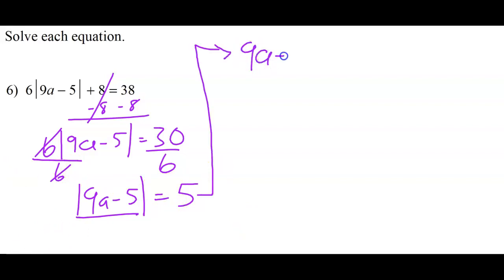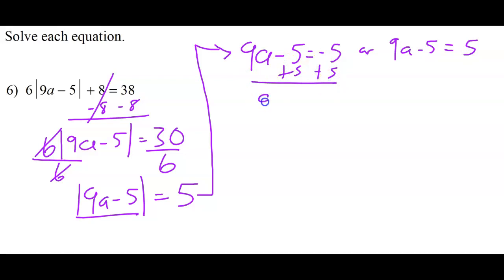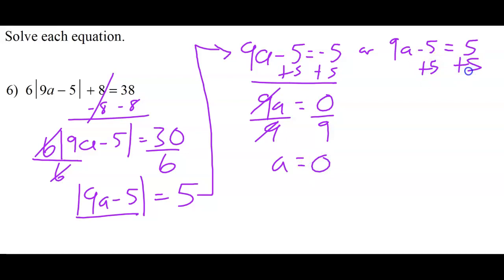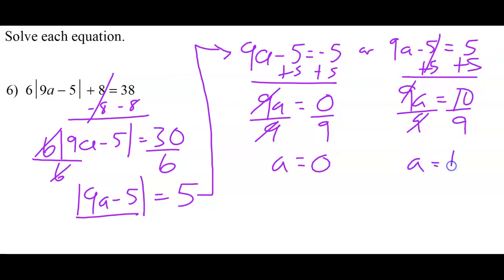So we'll go ahead and write those out. All right, and then we just got to solve both equations. So I'll go ahead and work through that real quick. So for this one, I get 0. And for this other one, I'm going to get 10 over 9. And there's our two solutions for number 6.